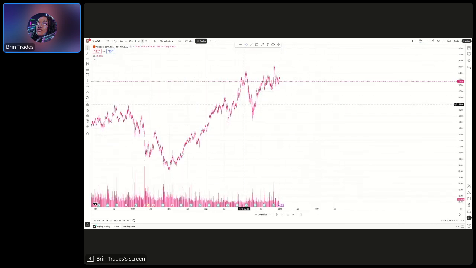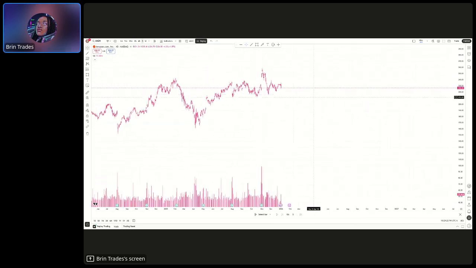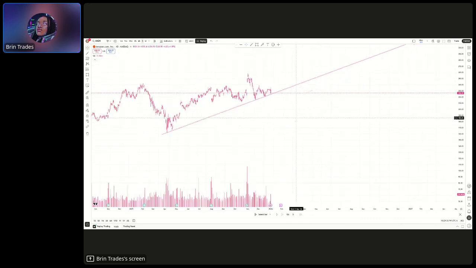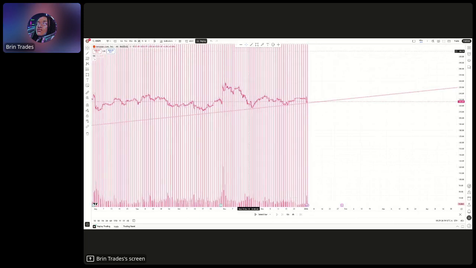It just looks so choppy, very choppy compared to the other stocks. But there are a lot of touch points in this bullish trend. So I can't give a definitive trend.